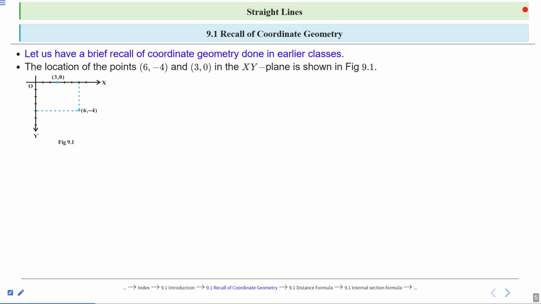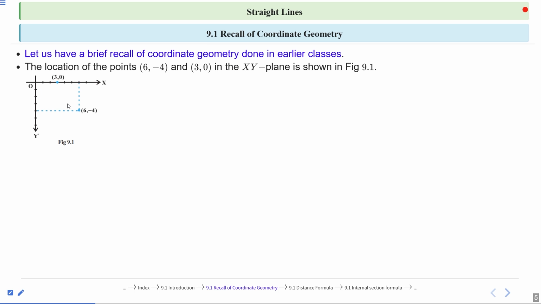The location of the points (6, -4) and (3, 0) in the xy plane is shown in figure 9.1. In this figure, this axis is called the x-axis and this axis is called the y-axis. This is the negative y-axis.